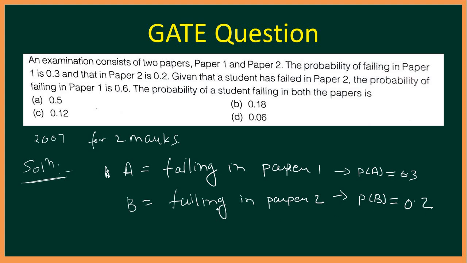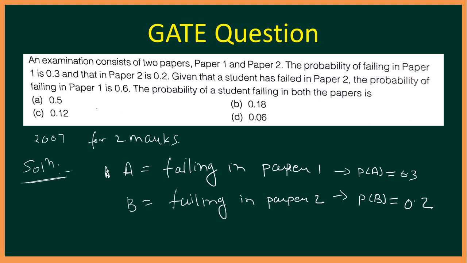The third thing given is that a student has failed in paper 2; the probability of failing in paper 1 is then the probability of failing in paper 1 when it is already given that the student failed in paper 2.